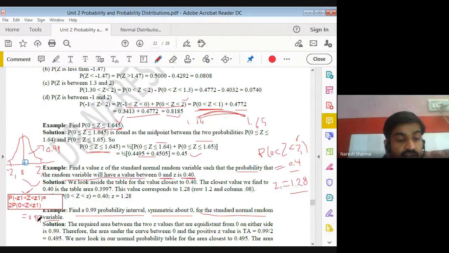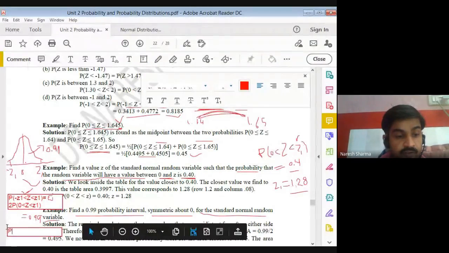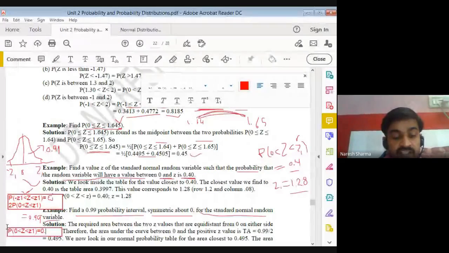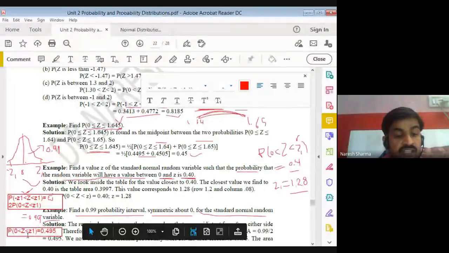So that means if we calculate for 0 to z1, it is equal to half of 0.99, that is 0.495, right? So now you need to check in the table where we get 0.495, and that value is called z1, right? So just see the table.